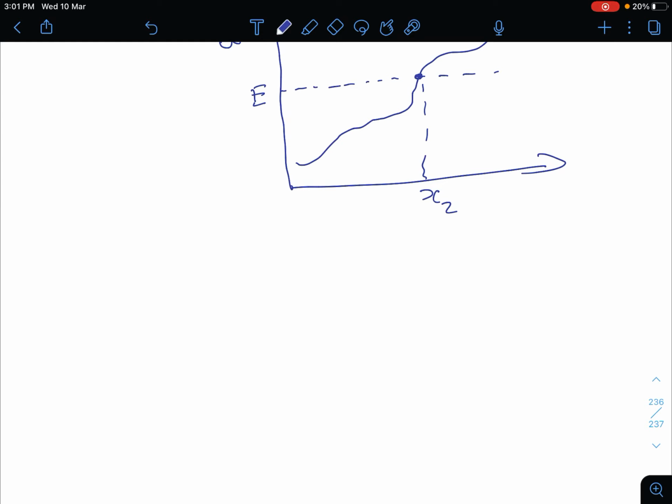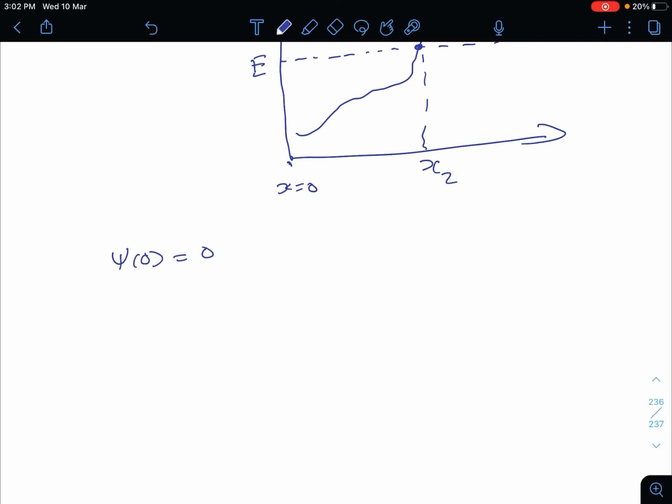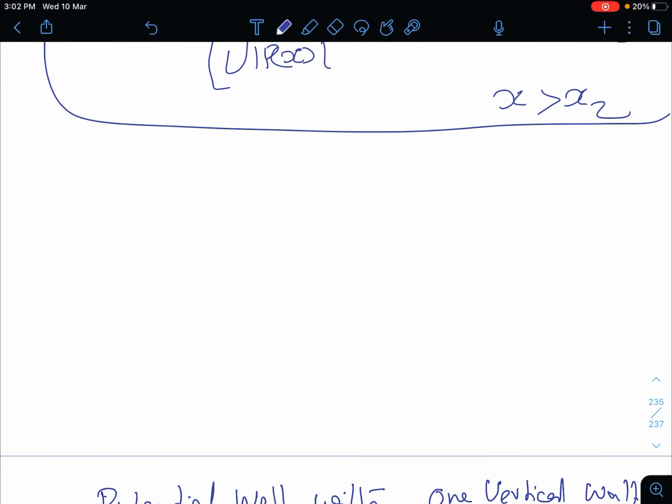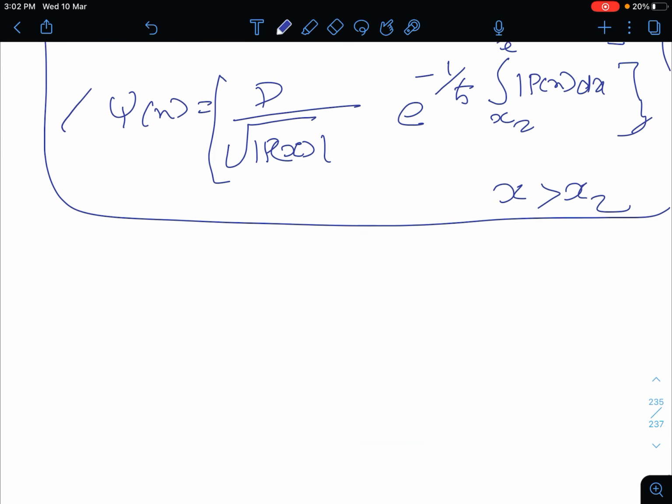So what will happen at x is equal to 0? Psi of 0 is equal to 0, because it cannot go outside, because this is an infinite wall. Now, in that case, from the previous equations which we have already derived, these are the two equations.